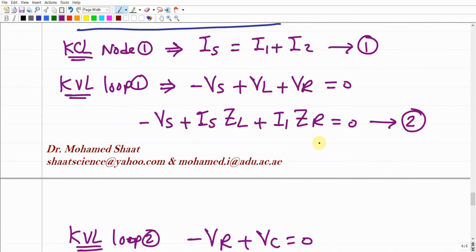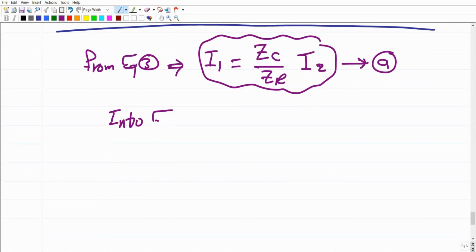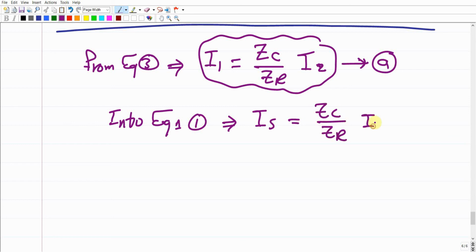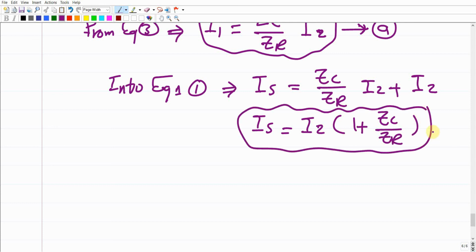So for example, substituting into equation 1, we end up with IS, which is equal to I1 plus I2. So I1, we got it as ZC over ZR times I2, plus the I2, right? So from this equation, we can find the I2 in terms of IS. It's going to give us IS equals I2 times 1 plus ZC divided by ZR. Okay? This is equation B.